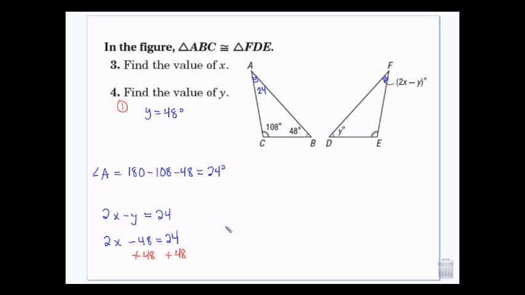So 2x equals 72, which makes x equal to 36. So first we had to find y, then we had to find A, then we could find x.